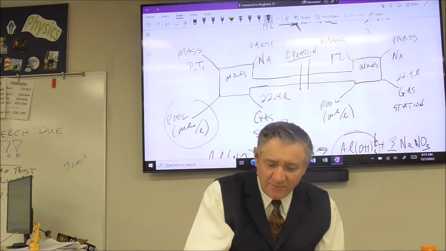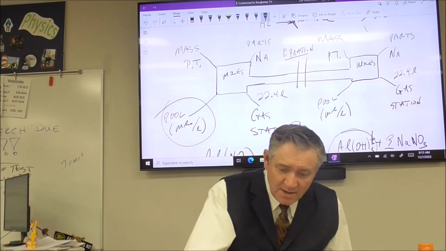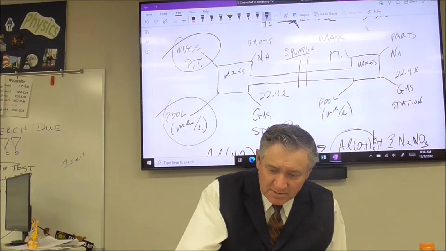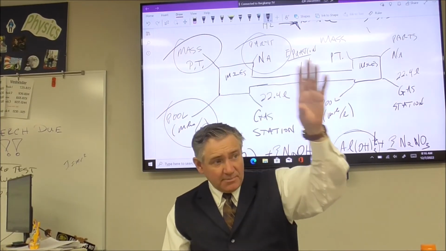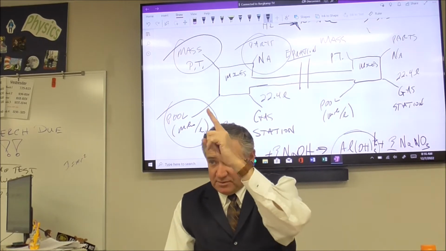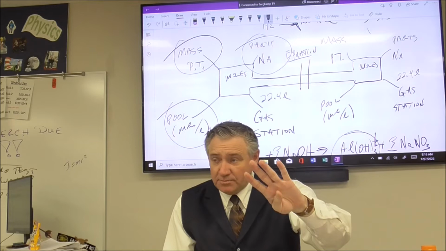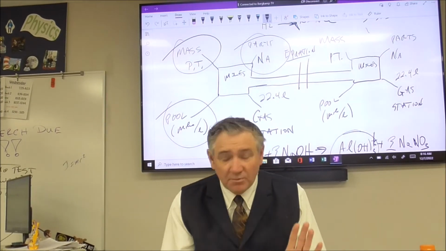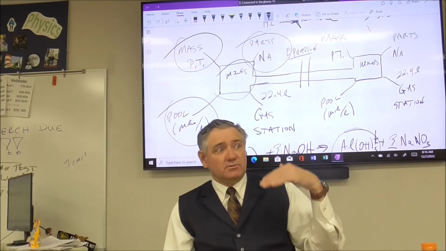So if there's a gas station, you're going to use 22.4 liters. If there's a molarity, you're going to use moles per liter. If there's mass, you're going to look at the periodic table. If there's particles, you're going to use Avogadro's number. Depending upon what you have, you're going to use one of these, but no matter what, all roads lead to moles.